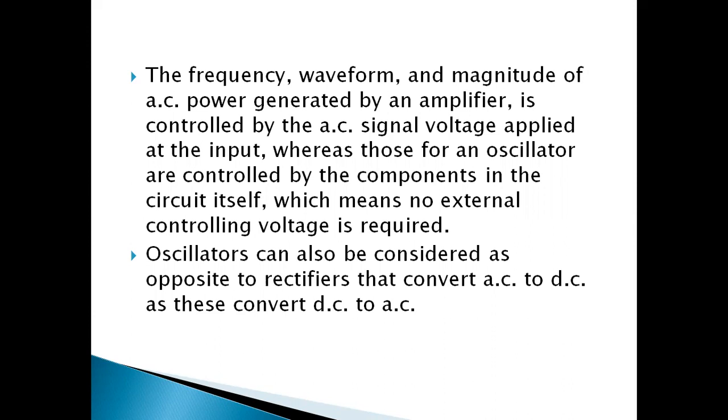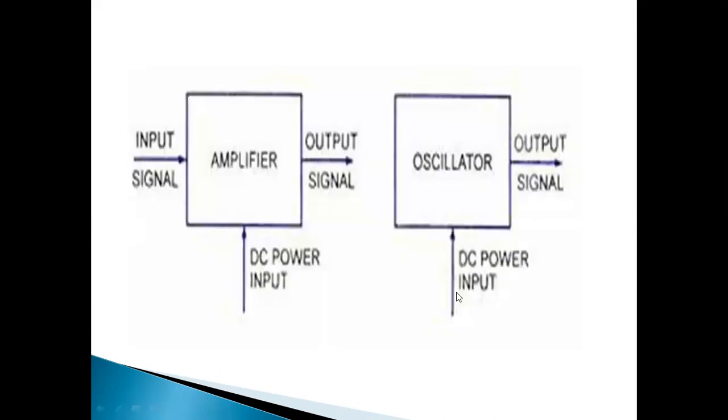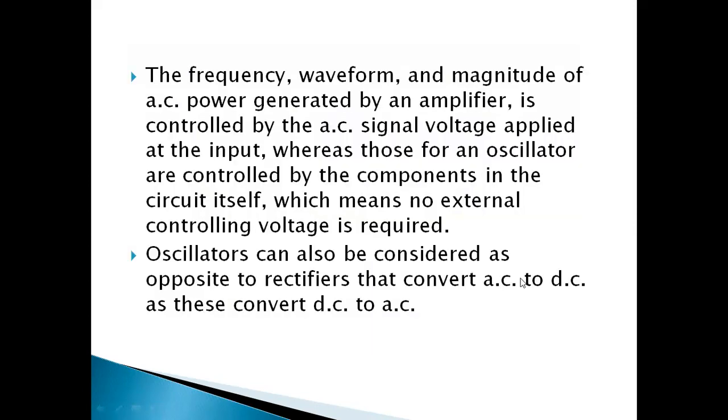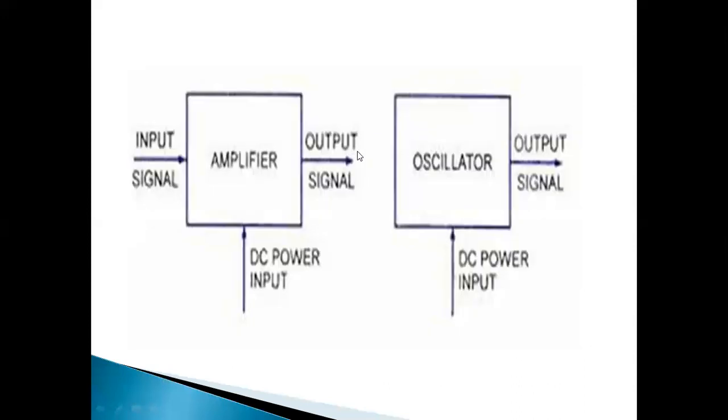If you observe the figure, in the oscillator we apply some DC signal and it converts that DC signal into an AC signal, whereas the rectifier converts the AC signal into a pulsating DC. So the oscillator can be considered as opposite to the rectifier. Okay, so this is the difference between the amplifier and an oscillator.